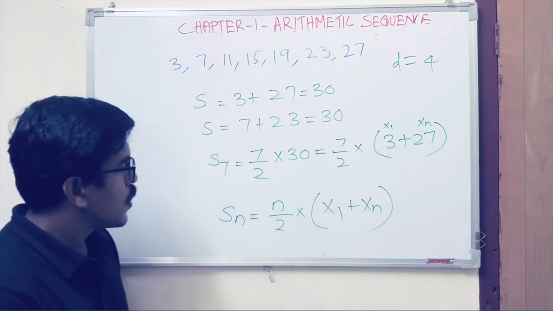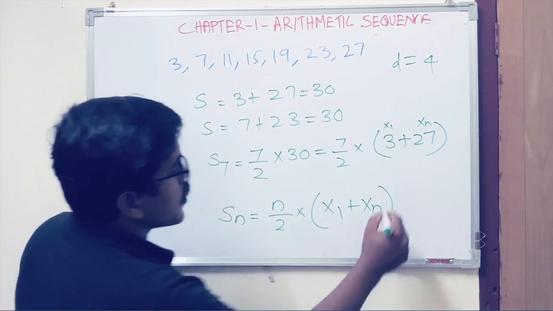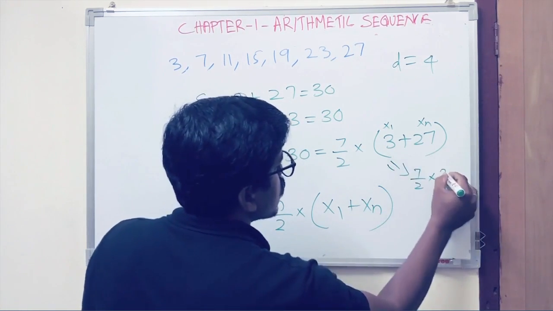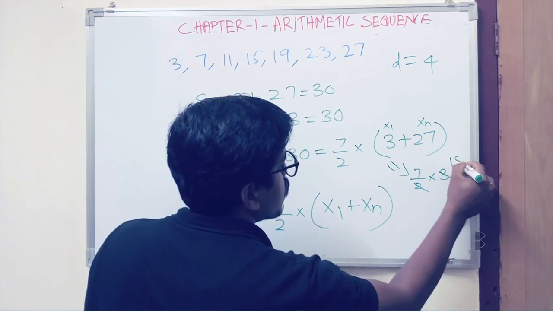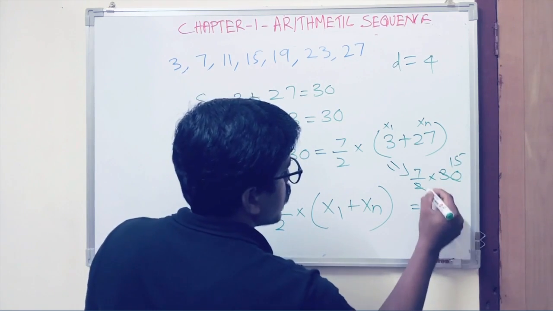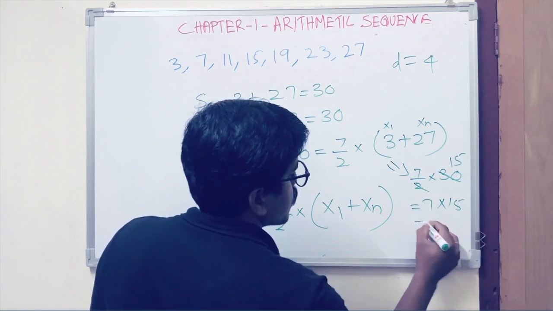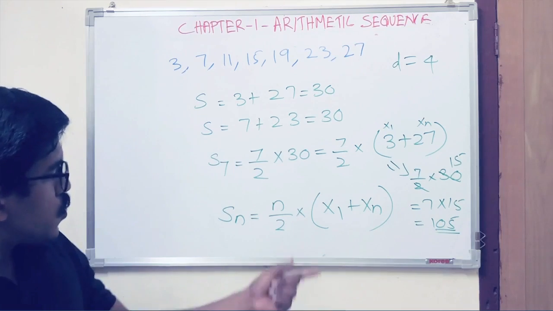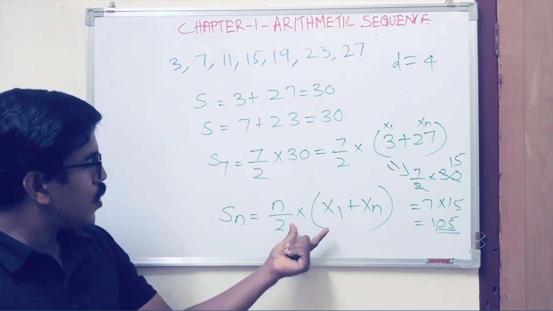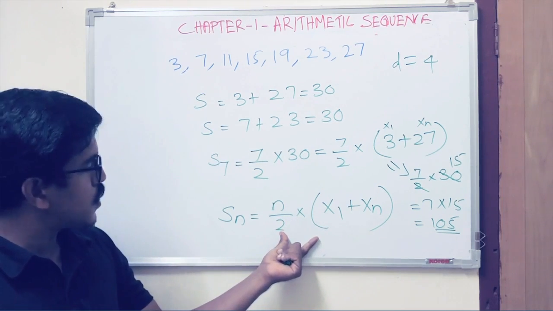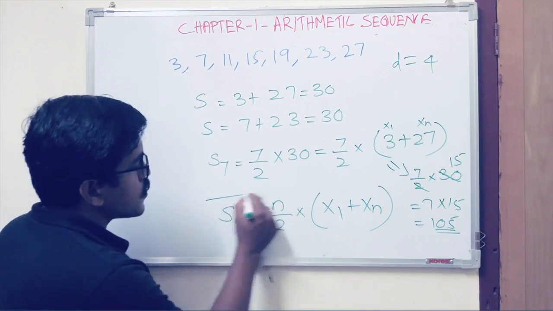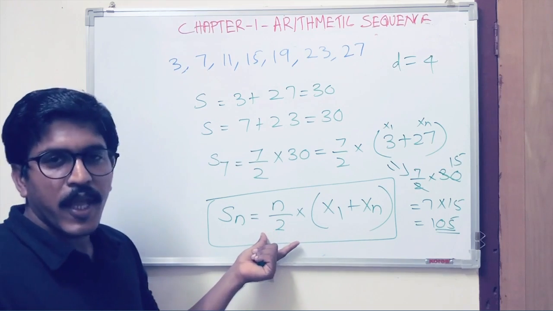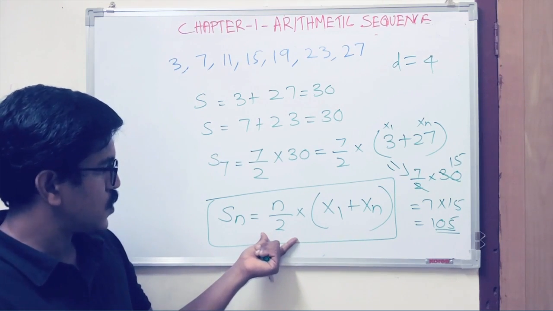Okay, if you want, we can solve this, that is 7 by 2 into (3 plus 27), 30, that is here 15 will come, that is 7 into 15, 105 will be the answer. So now we have the general formula here. This is the general formula to find out the sum of any arithmetic sequence.